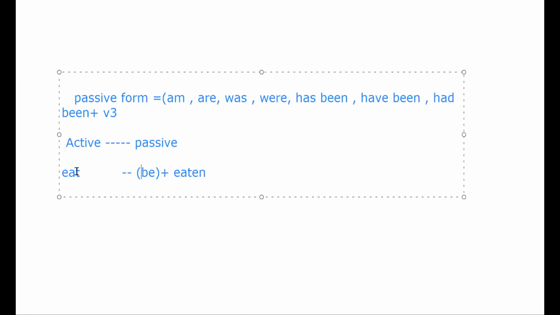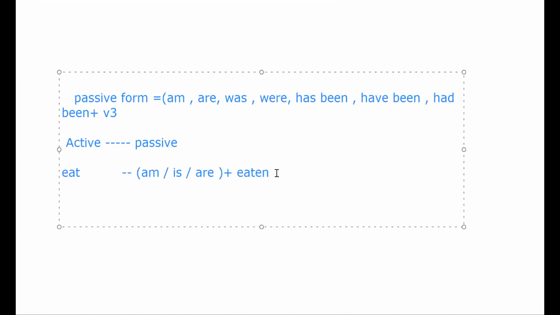So here, eat. Present form. Present form can be like this. Am, is, or are. Again, depends on the subject I choose. Now, I'll give an example. You only focus on the verb. How to change the verb into passive. How to change this given verb, passive form into active form. Okay, now look at this. He eats apples. I am asking you to change this into passive form. So passive form, obviously, the object goes into the subject position.